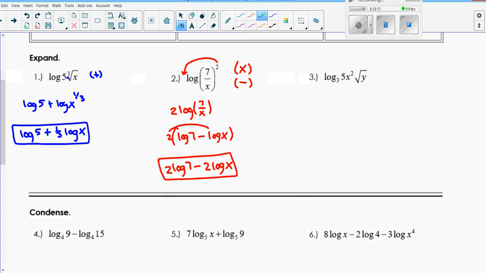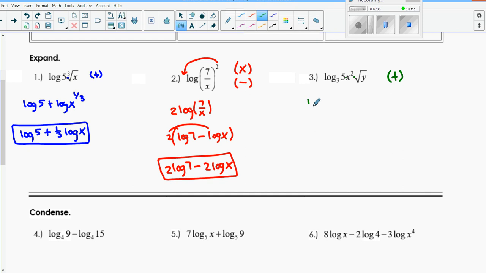Okay? There are 3 things going on in this problem. We have a 5 times x squared times square root of y. Since all of that's multiplication, that means I'm going to break this up into 3 logs, all adding. I am going to bring down any exponents in front as well.